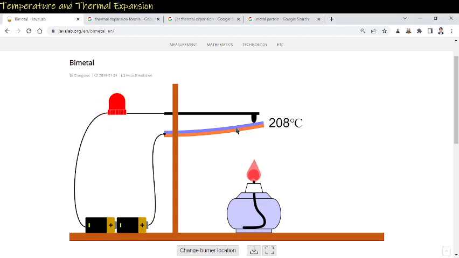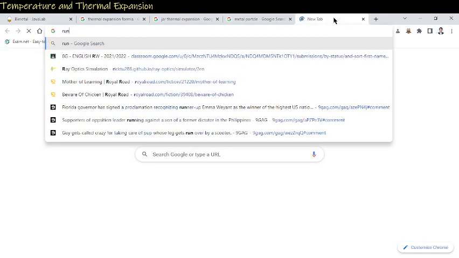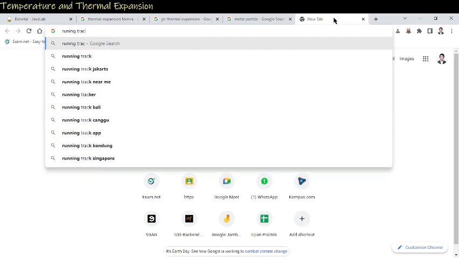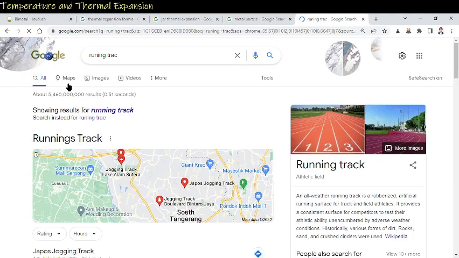You can see this like a running track. If you go to the running track, the one on the outside will have a longer distance.